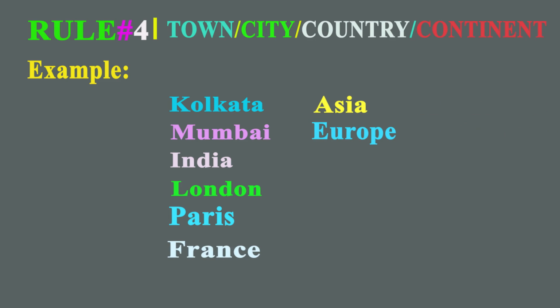These all come under town or city or country or continent. We will use the preposition in, like in Kolkata, in Mumbai, in India, in London, in Paris, in France, in Asia, in Europe. So in is used for town, city, country and continent.